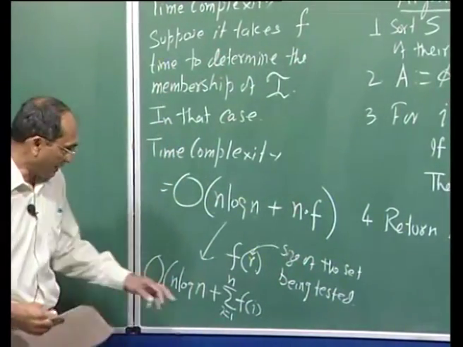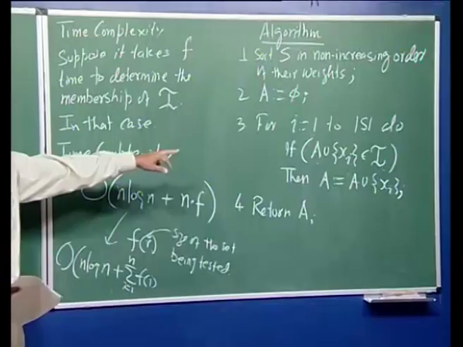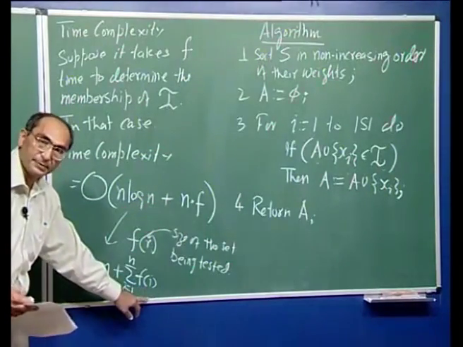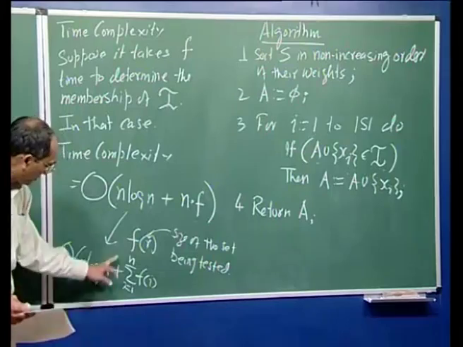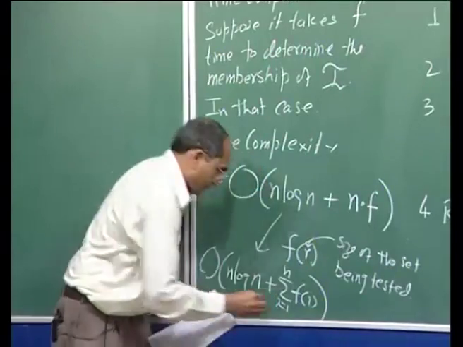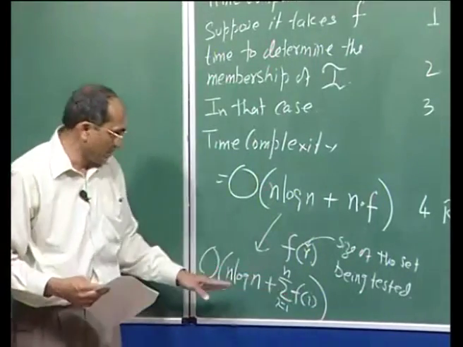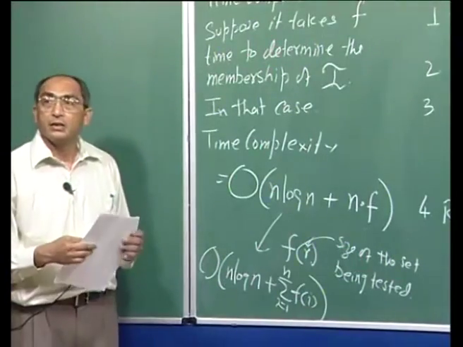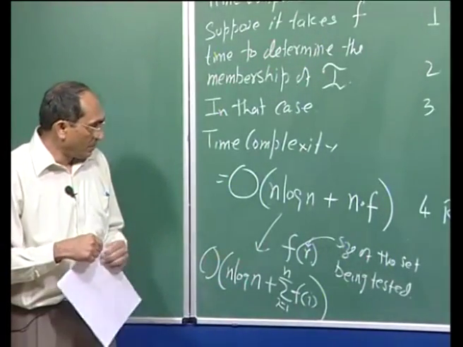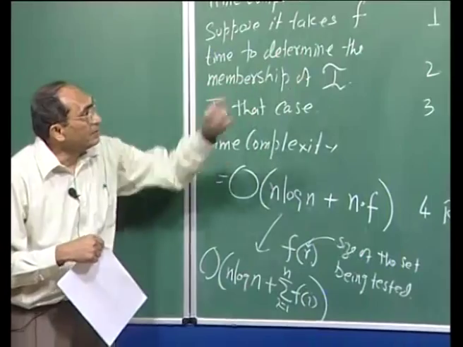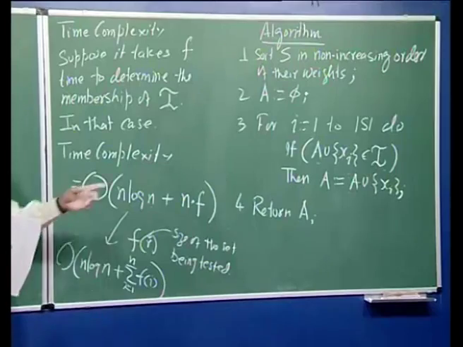Notice that in the ith iteration the set we are testing cannot have size greater than i. So, this would be an upper bound to the total cost of computing the set An or the final set A.